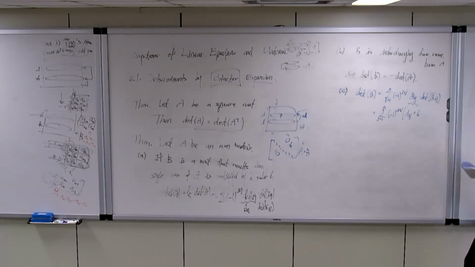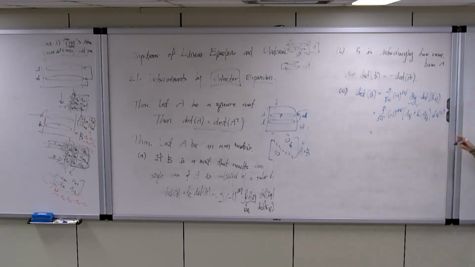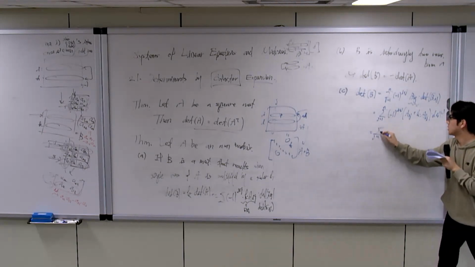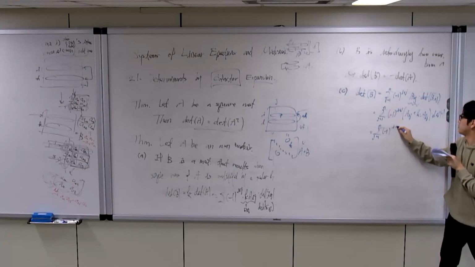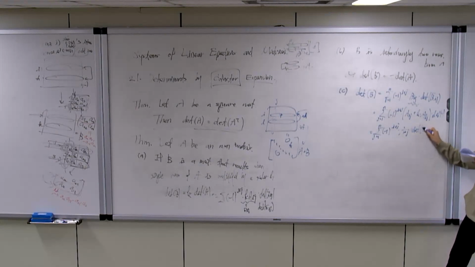A's ij entries and determinant B bar ij, and it is a summation, so we will use the distribution rule, and it will give Aij times the determinant B bar ij.